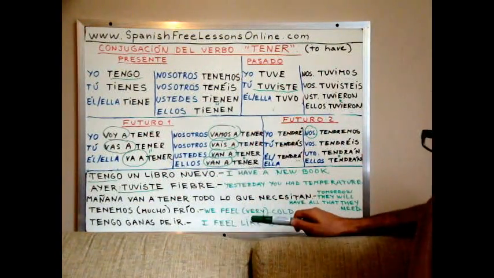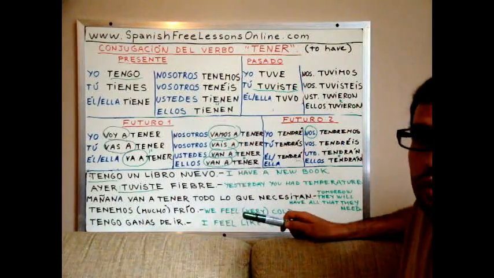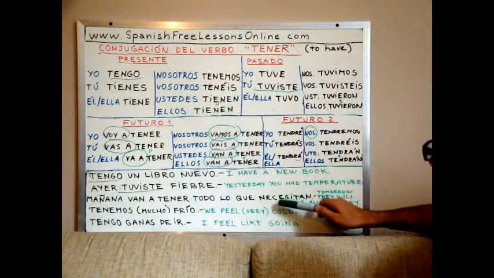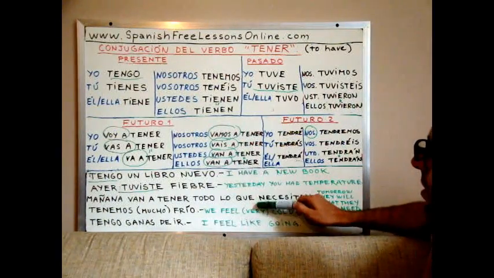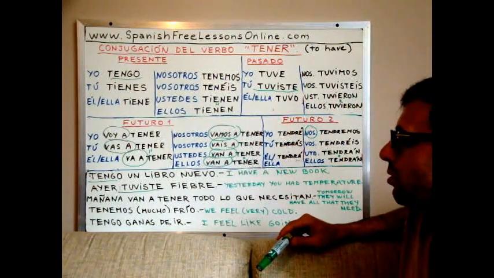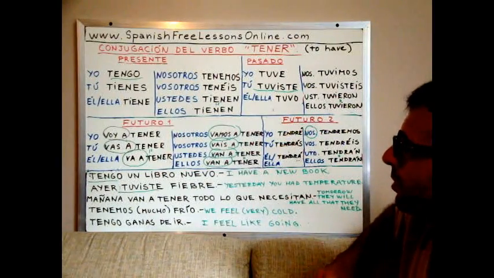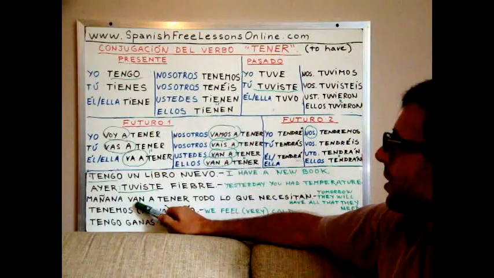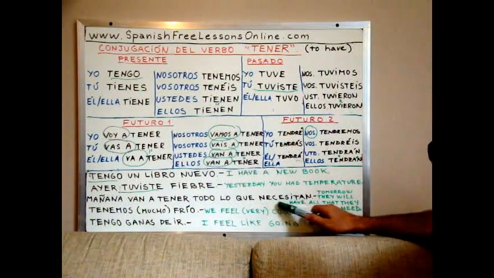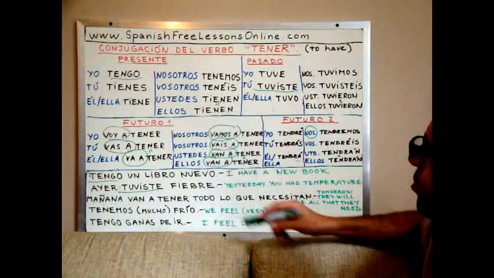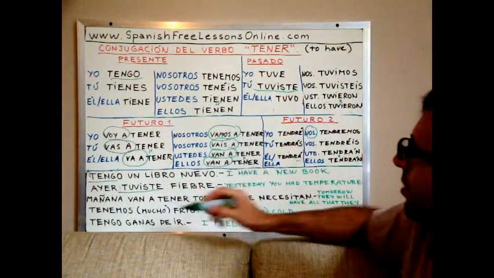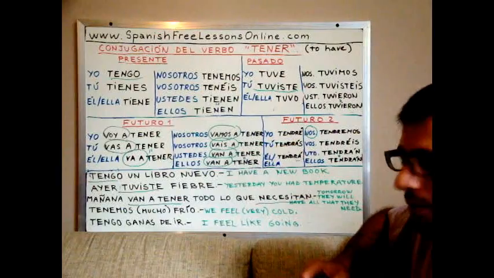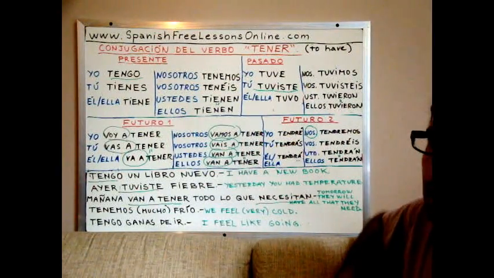Okay, again, the subject, the person they, is implied in the verb necesitan, right? So we have two verbs here, van a tener and necesitan. The subject is always the same one, they, right?